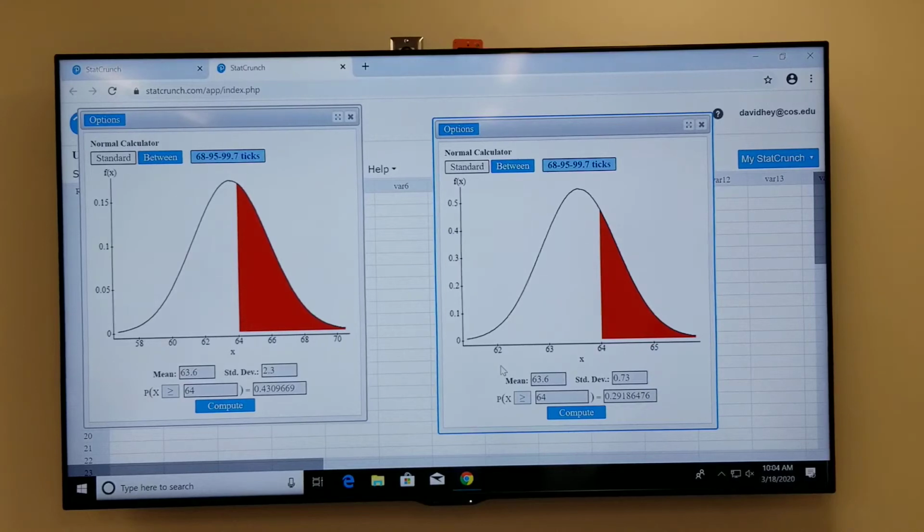But if you're talking about a random sample of 10 women, and you're asking what's the probability that their sample mean is larger than average, that's not going to be quite as probable. It's going to be less likely, because you might have a couple of women in your sample who are taller than average, but you're also going to have a couple women who are shorter than average.